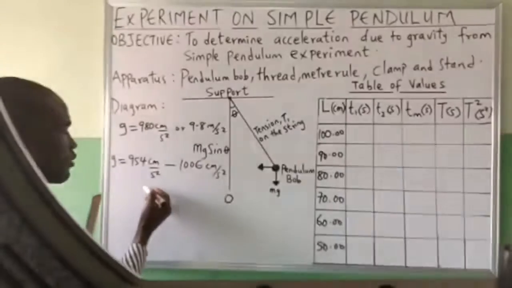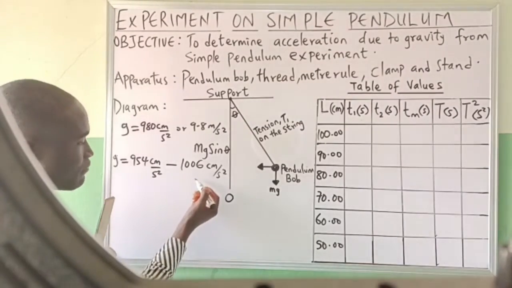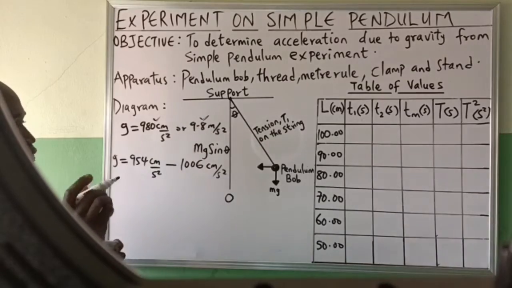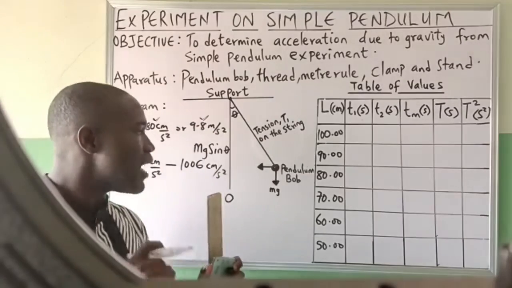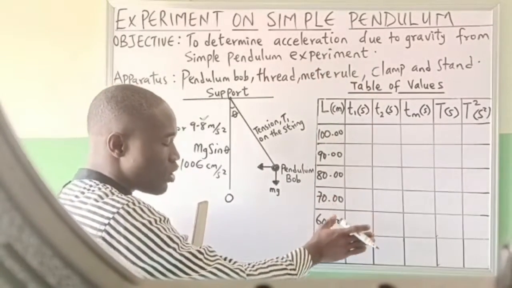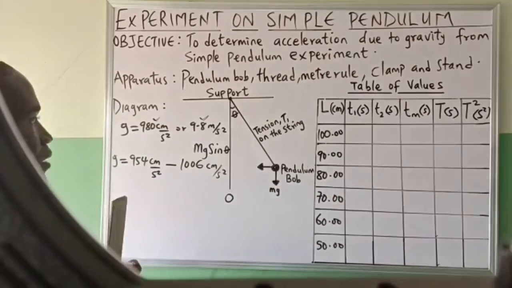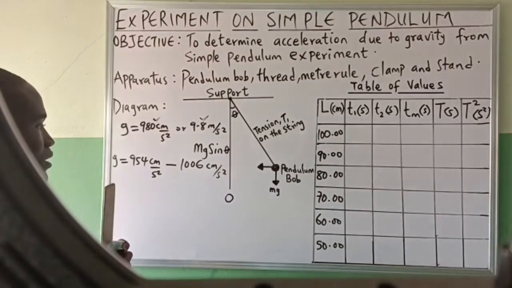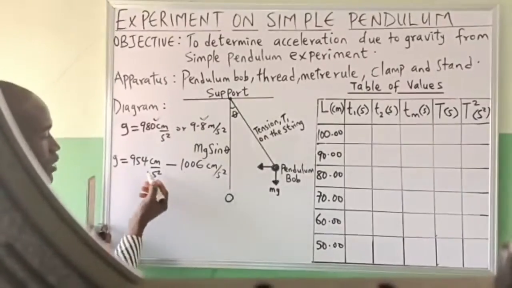So this is the range of value of acceleration due to gravity, and this is the exact value we know from our elementary school. That means when I am done with performing this experiment, what I should be getting should fall within this range.